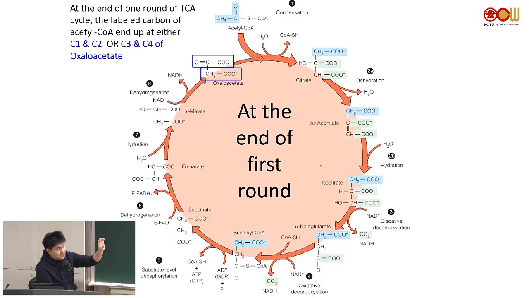But the physical acetyl-CoA that you just brought in is not lost as CO2 in the first round. Obviously, in the subsequent round, it will eventually be lost as CO2, but the first time you do this cycle, those 2 carbons are not lost as CO2.